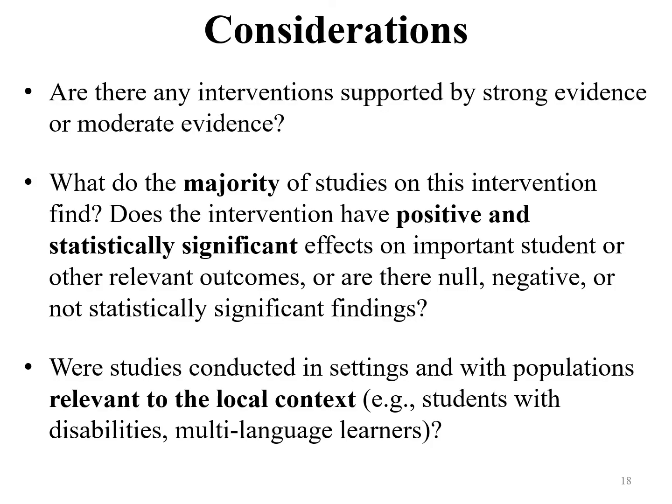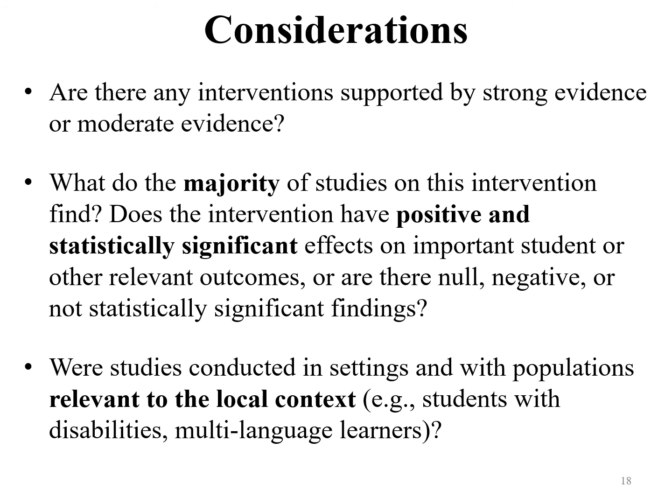As you're searching for evidence-based interventions, here are some things to consider. Look at all of the evidence, not only one study. Are there interventions supported by strong evidence or moderate evidence? What do the majority of the studies on this intervention find?